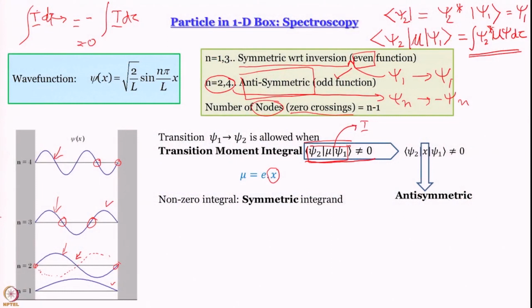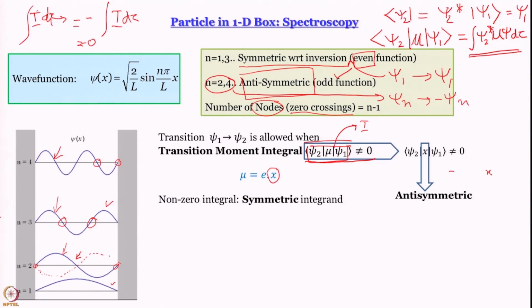So, now when will this triple product be symmetric? So, we are doing inversion, right. We take this and do an inversion. When we do an inversion, x changes sign, x becomes minus x.